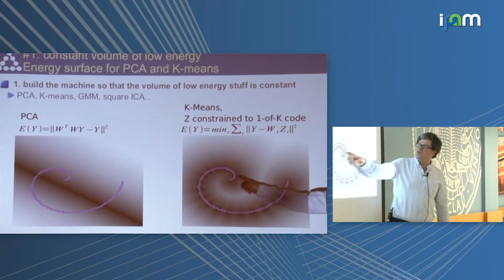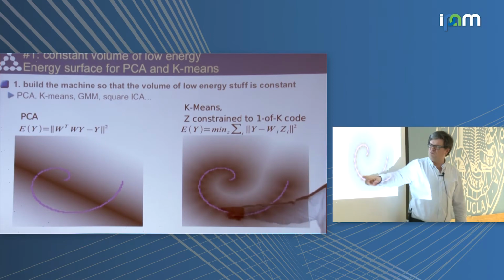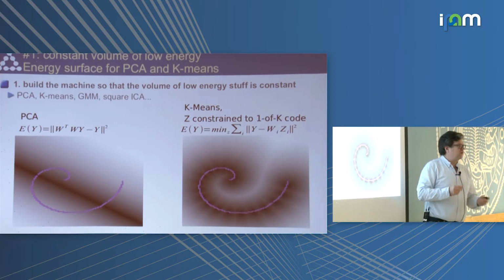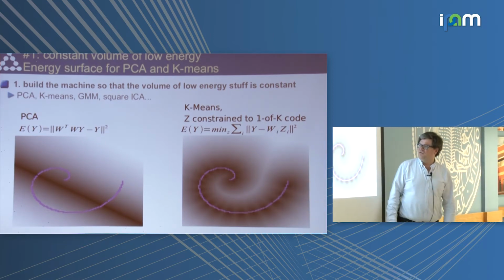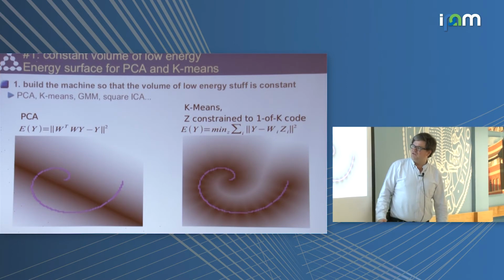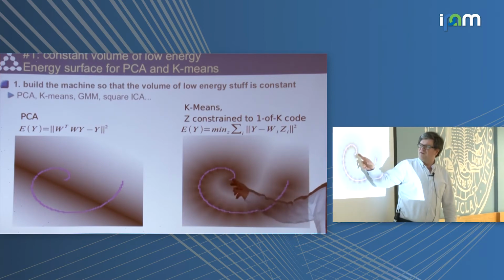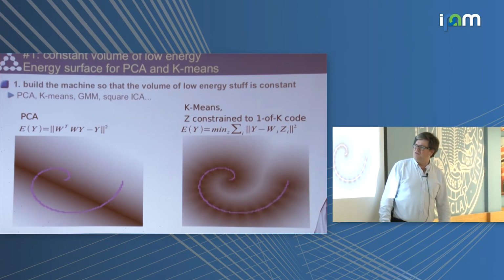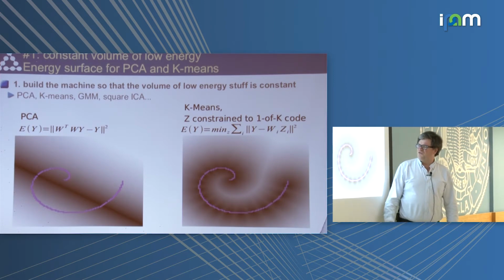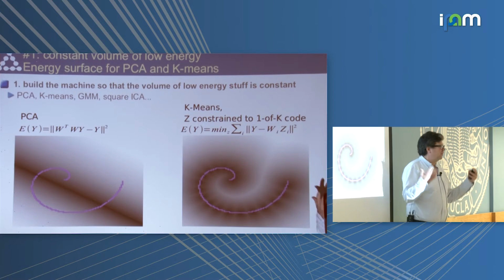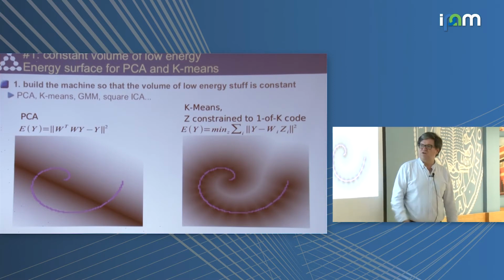So here's a bunch of data points. These are a spiral from which I sample data points, and I train k-means to approximate this. And the prototypes are those dark areas here, and they describe this nice spiral here. So that works really well. Unfortunately, it doesn't work so well in high dimension because you need k being very large and all that stuff.